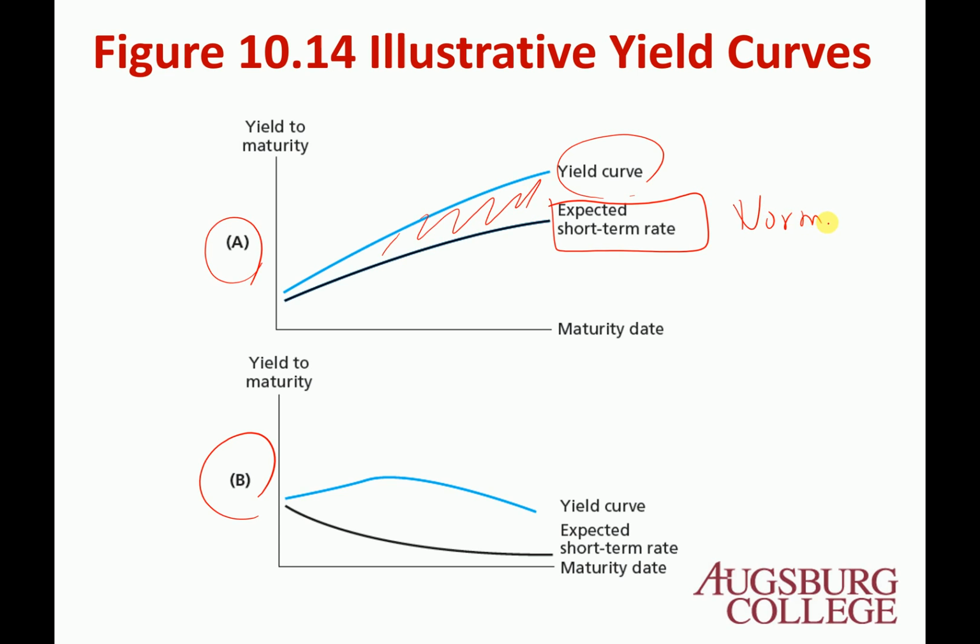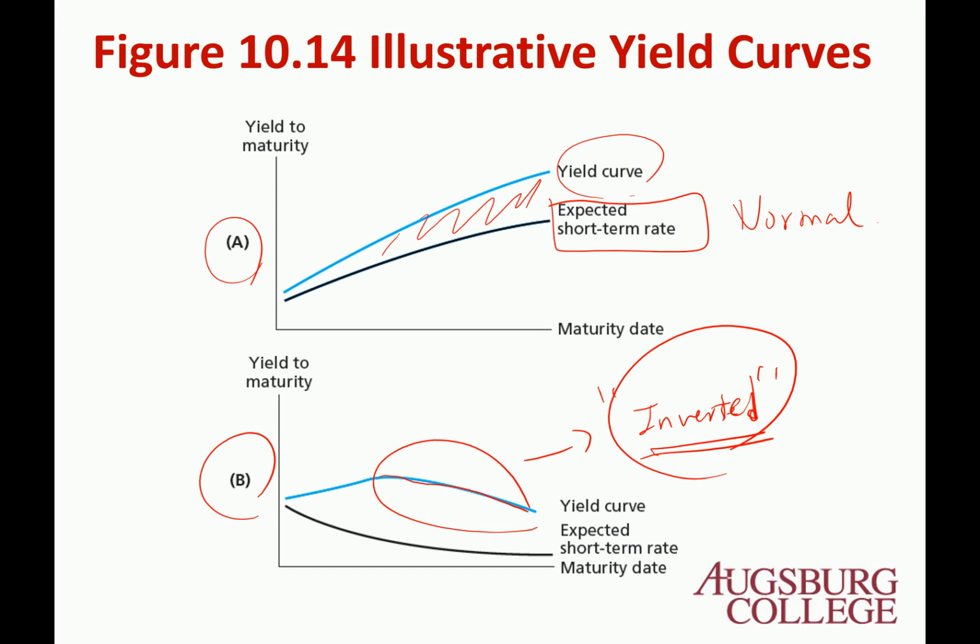So, the normal yield curve. However, there's also a yield curve with a downward slope, which is called the inverted yield curve. I'm sorry, inverted yield curve. An inverted yield curve is usually found if your expectation is different.